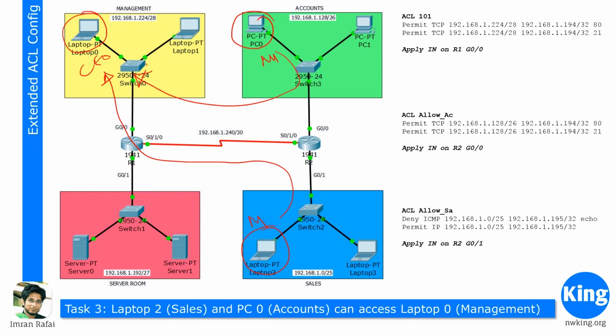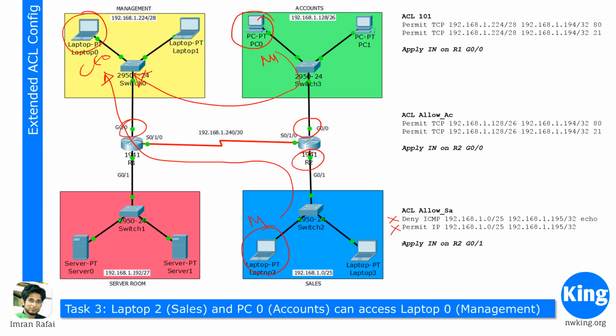So what do we need to do? If you remember, there is an ACL here, that is this one, and there's an ACL here, and there's an ACL here. Because in task 2 we applied it in the in direction of G0/1, which is here. So now there are ACLs everywhere. At the moment, laptop 2 cannot communicate with laptop 0, because if laptop 2 tries to communicate with laptop 0, first it looks at this, it doesn't match.